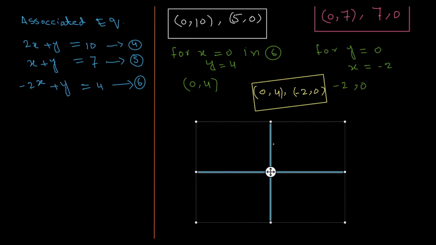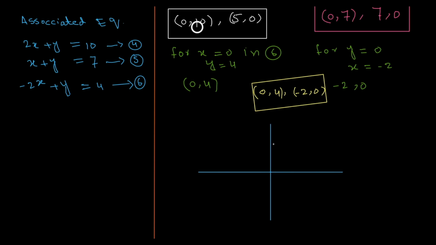So first of all, locate all these points. Remember that the first point is (0, 10). Yes, this is (0, 10). If I write on the y-axis, this is 5 and this is the point which is 10. In a similar way, on the x-axis, this is 5 and this is 10.